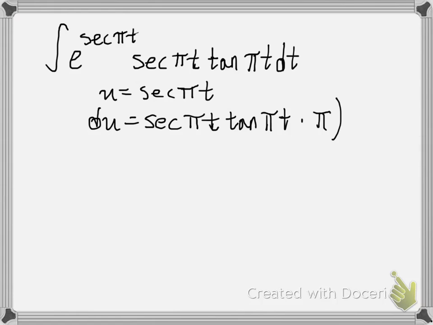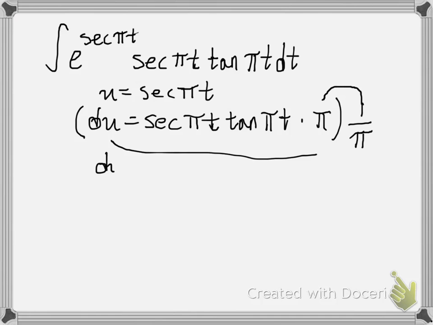We can multiply this equation by 1 over pi. So this gets distributed to this side, and the pi and 1 over pi go away. And then you also distribute it to the other side, so you end up having du over pi is equal to secant pi t tangent pi t.